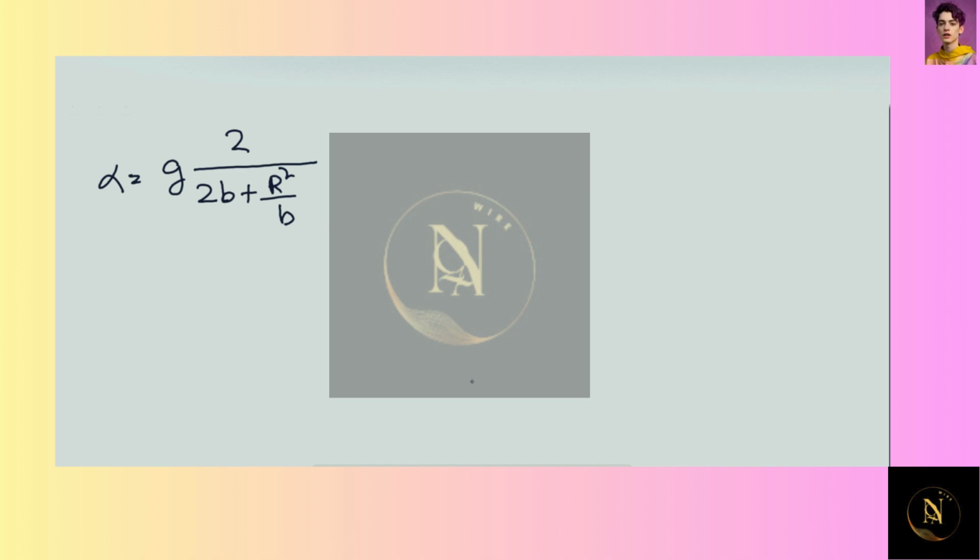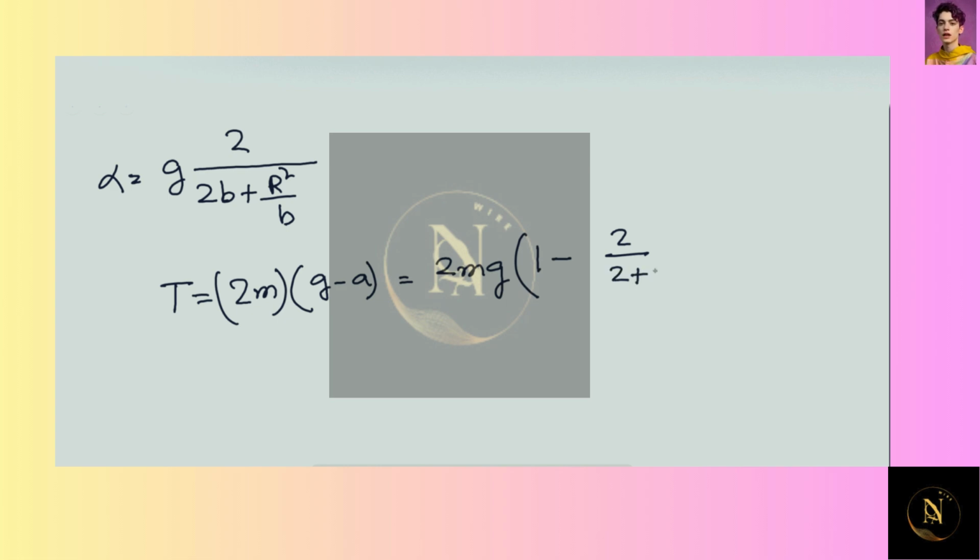Now if we want to find the tension in the string, it should be easy. Tension is twice m times g minus a, where we can substitute the a. We take 2mg outside, then we have 1 minus 2 over 2 plus r over b, whole squared.